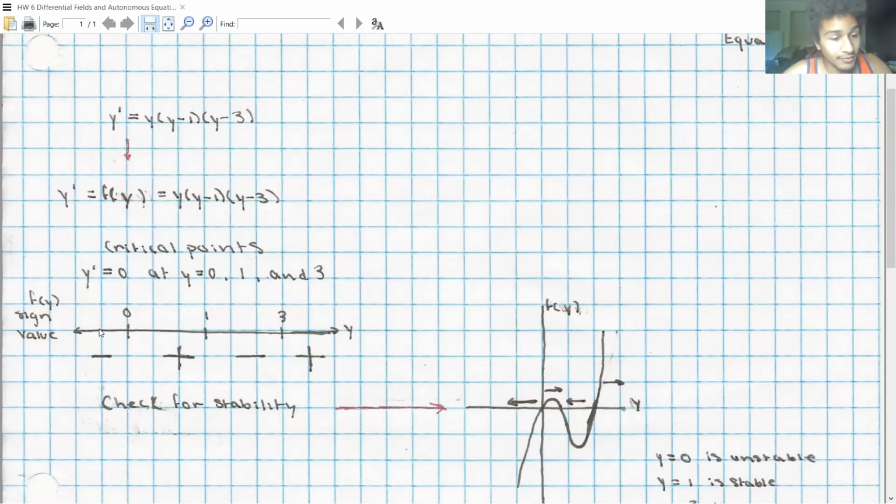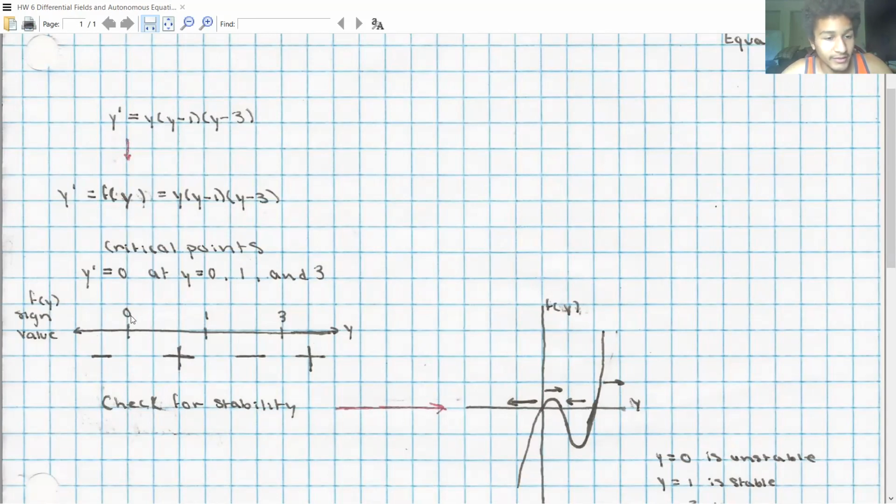Right here we can plug in y equals -1, and we'll have -1, -2, and -4. So we'll have 3 negative values, and that will give us a negative value for this interval. So all values of y from negative infinity to 0 will have negative slopes, which means y will be decreasing on this interval.